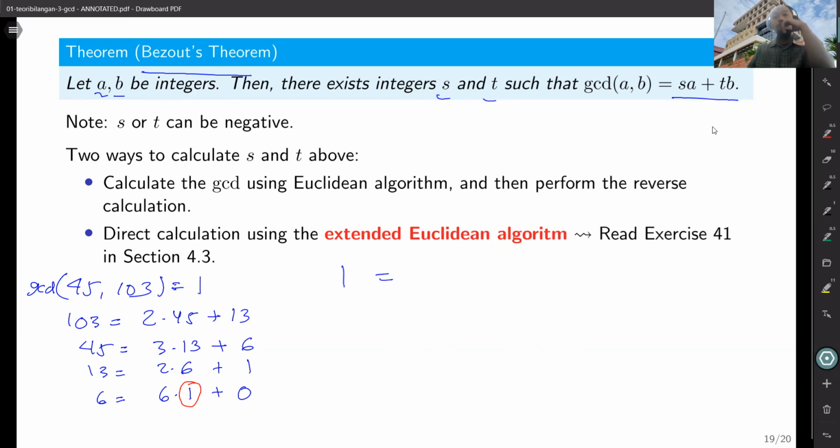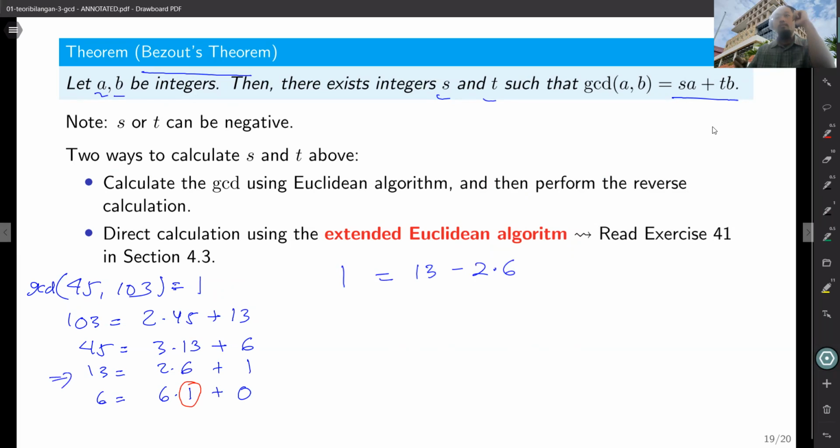Can you guys help me? 0 plus 1. Yes, but looking at the lines, which line do we start with? Is it 13 minus 2 times 6? Correct. That's where we start.